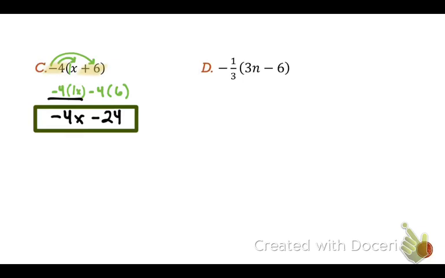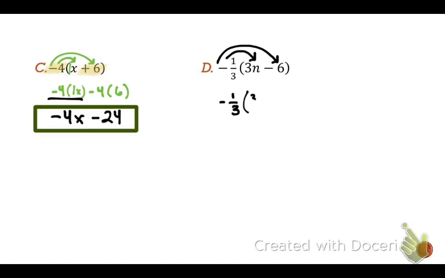for the next one. Is there any work I can do on the inside, class? No. So right now we are going to take the outside negative 1/3 and multiply it times every term on the inside. First things first, negative 1/3, multiply it times what, class? 3n.